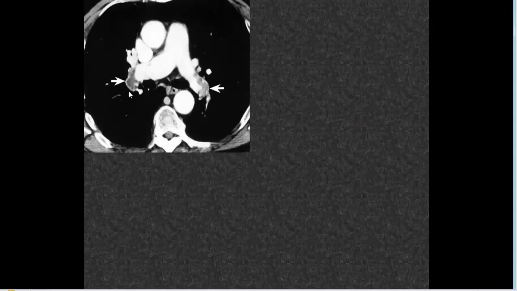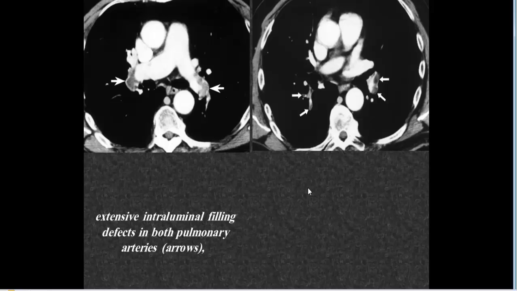We see bilateral areas of filling defect, cut off of contrast enhancement, areas of low attenuation, non-enhancement. This is pulmonary embolism, extensive intraluminal filling defects in both pulmonary arteries.